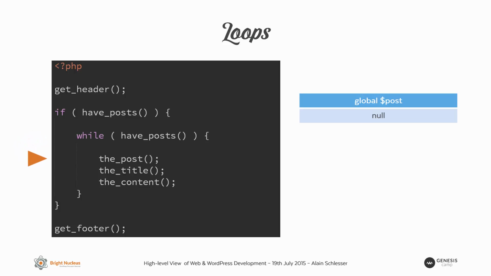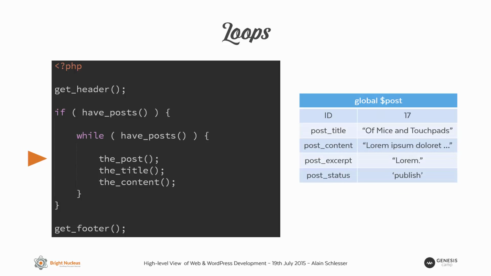This retrieves the next post and sets up the global variable. Now we can use the functions that render parts of the current post, like the title or the content. These only work inside the loop because they retrieve the data from the global post variable. Then we get back to our while condition and check if it is still true. If it is, we retrieve the next post and can then render this one too.